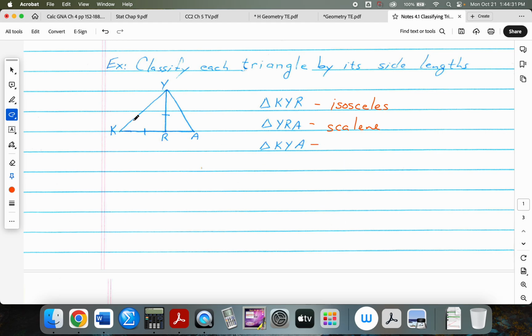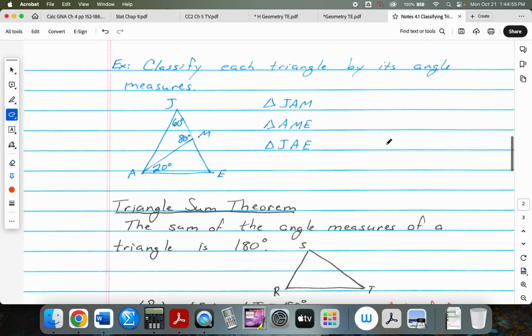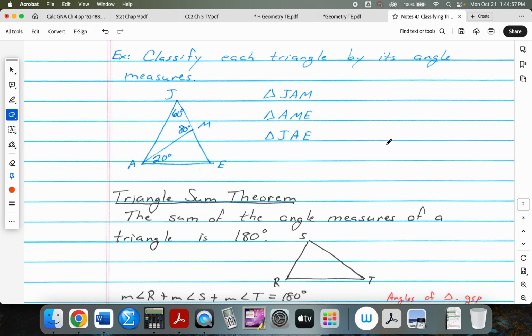And then the big triangle, triangle KYA, same thing as the last one, it's scalene. We honestly don't talk a lot about scalene triangles, frankly, because they're boring. Isosceles triangles we'll talk about a fair bit, and equilateral and equiangular triangles as well.